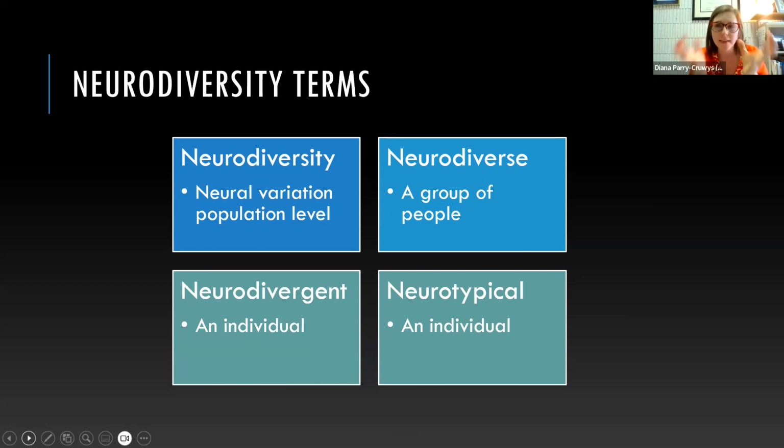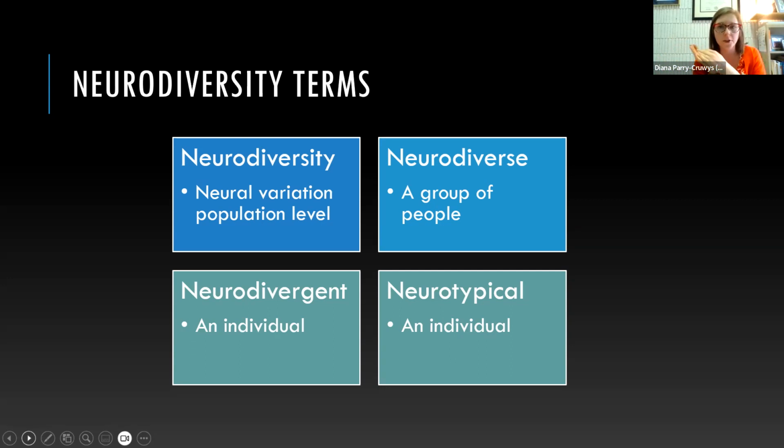And if the people within that group have differently wired brains, then we would say that that group of people is a neurodiverse group. So everyone in the group's not the same, right? Brains are different, neurodiverse.